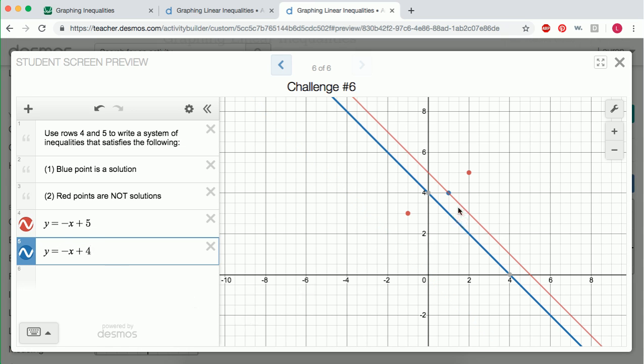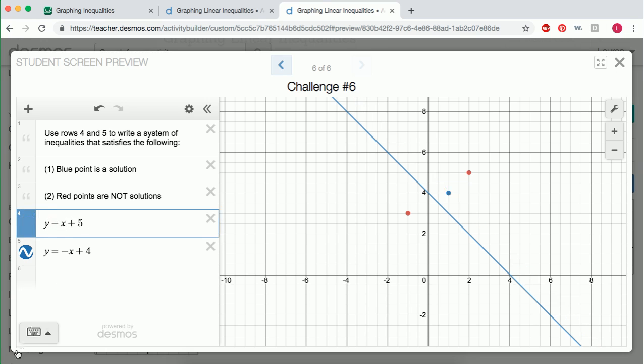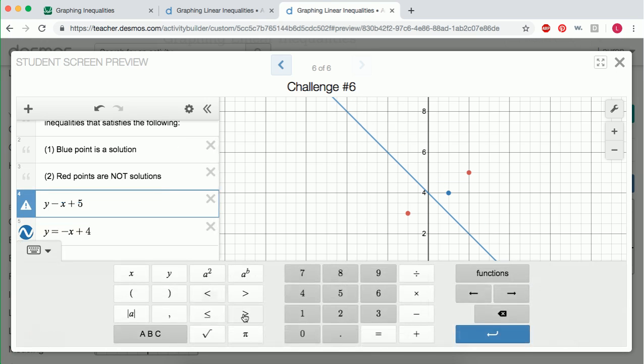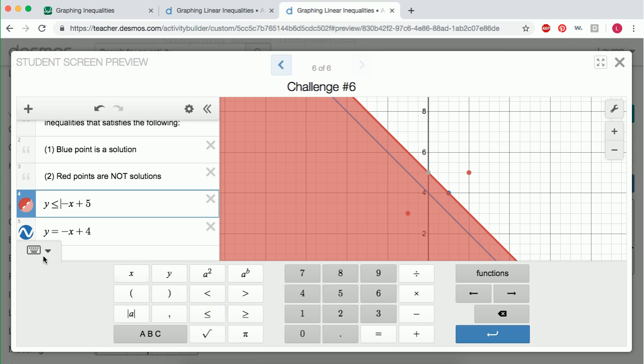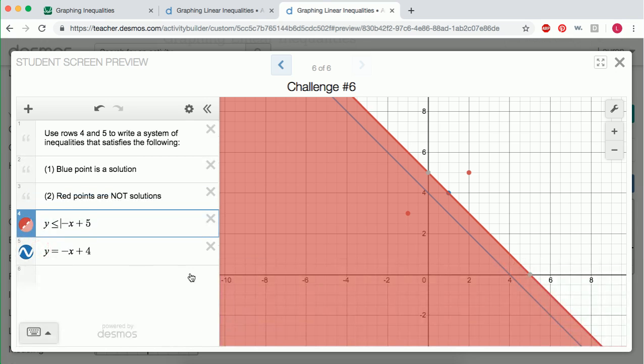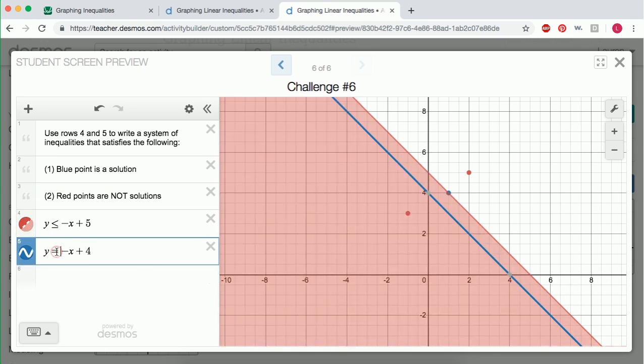So we just want this little area between them to be a solution set, so it doesn't include the red points. Therefore, we can make this less than or equal to. And this one can be greater than or equal to.